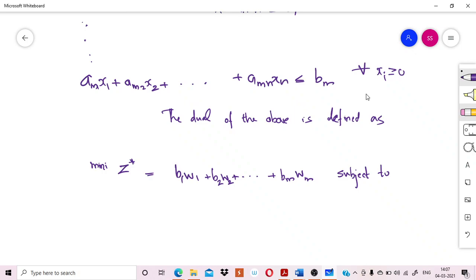So you write the constraints in terms of w1, w2, etc., and the coefficients a11, a12, a13, a21, like that, will not change.